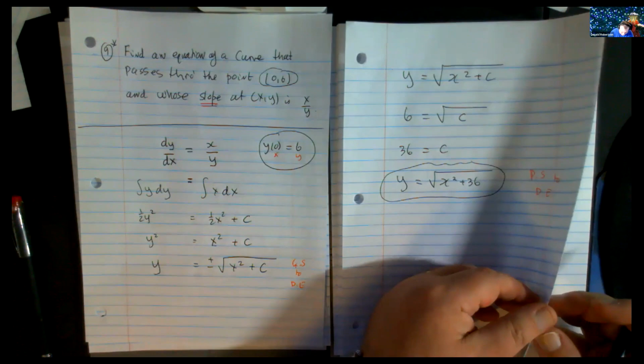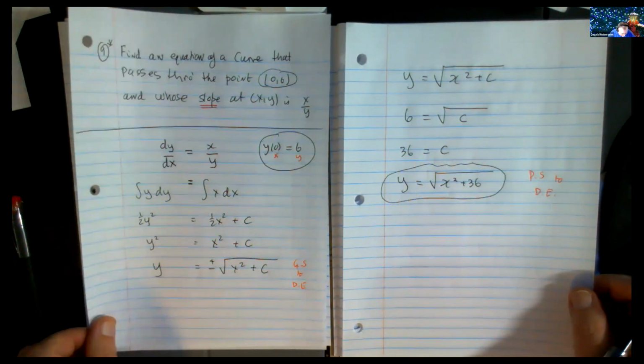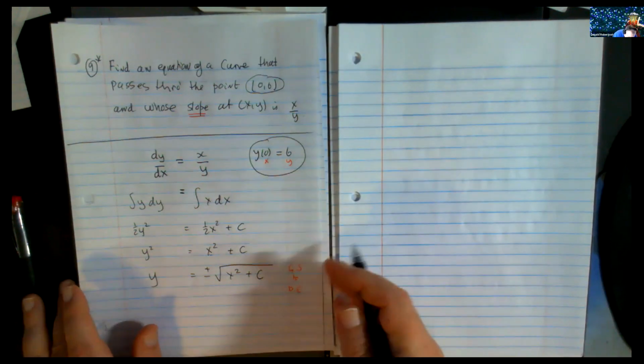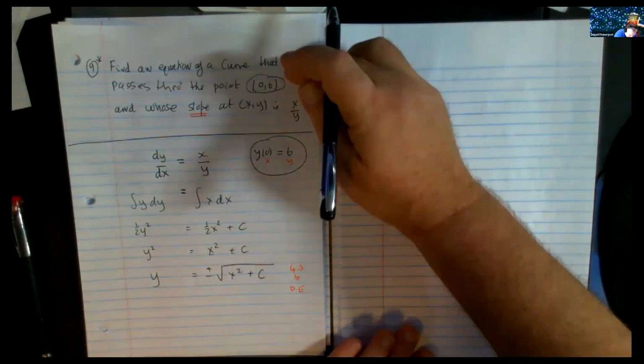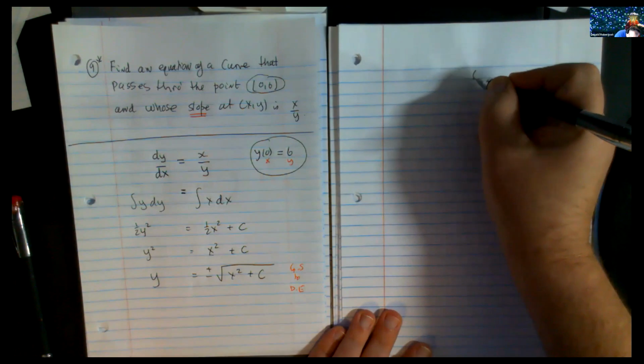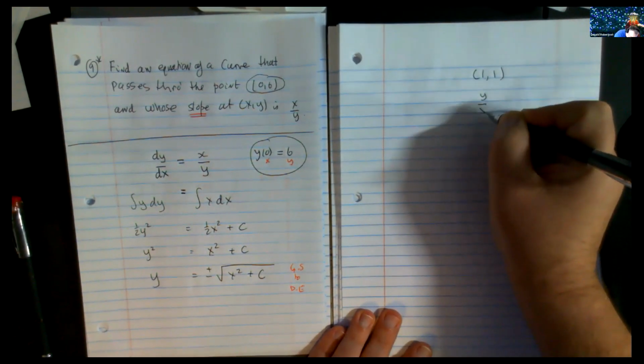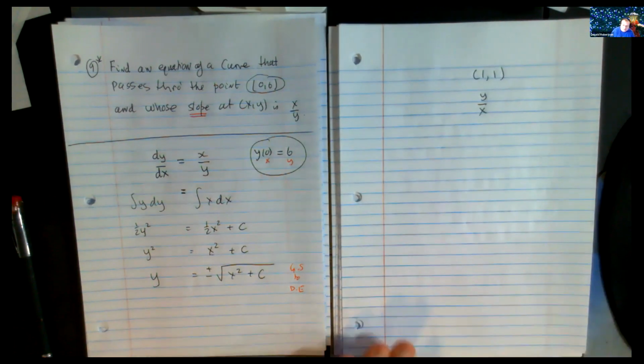Let's try something a little bit sneaky. Mostly the same story, but I'm going to have it pass through the point 1, 1, and we're going to switch the slope.